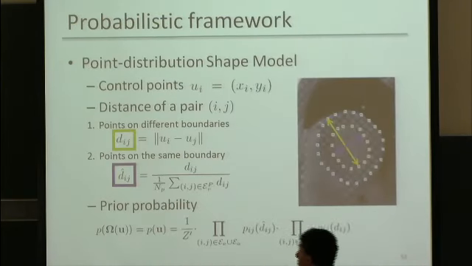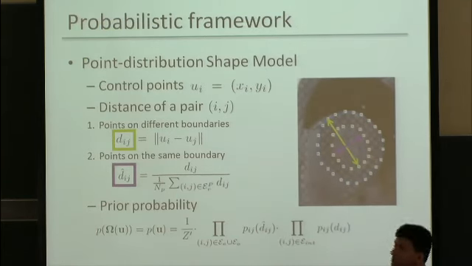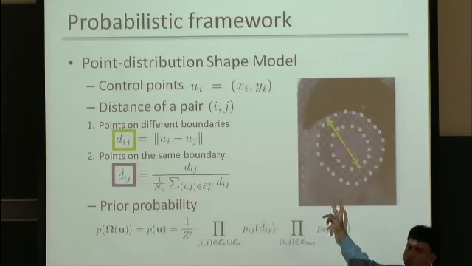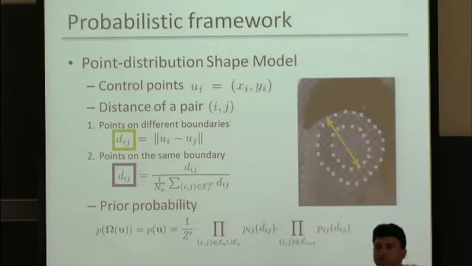Now, how am I going to introduce the prior? I mean, there are plenty of methods. Since we're looking at graph-based formulations, we like to have priors that can be learned from a very small number of examples. So I'm going to look at distances between points. The idea is that if I measure the distance between 2 points, just Euclidean distance, then this distance normally should be preserved, subject to scale.